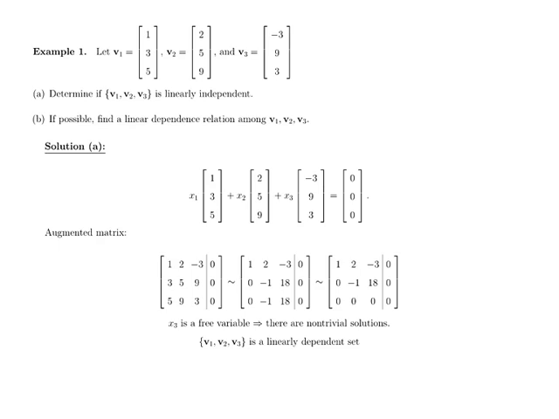So to find this, we're going to again look at the augmented matrix. We're going to row reduce, and we're going to look at the solution to that augmented system. So let's first look at the vector equation that we introduced on the first page. x1 times the first vector plus x2 times the second vector plus x3 times the third vector equals 0.